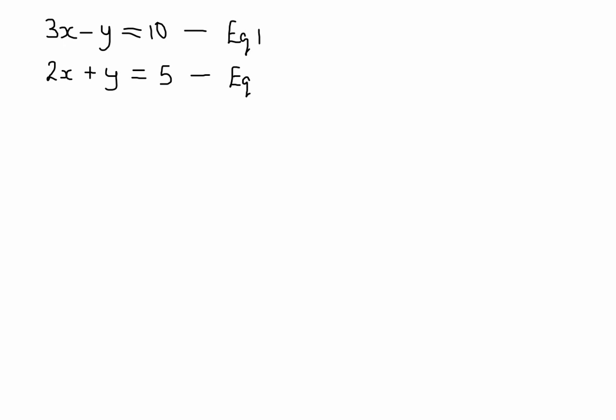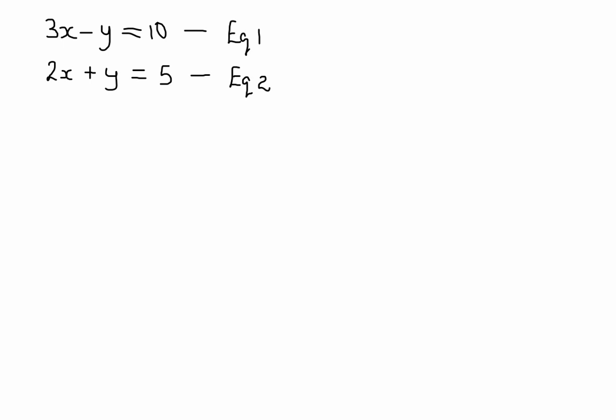So my elimination process begins with me being able to identify a variable to eliminate, and as I said, I'm going to try doing the elimination process to get rid of x instead. Now if I look at both of my coefficients, I notice that they both have different numerical values.